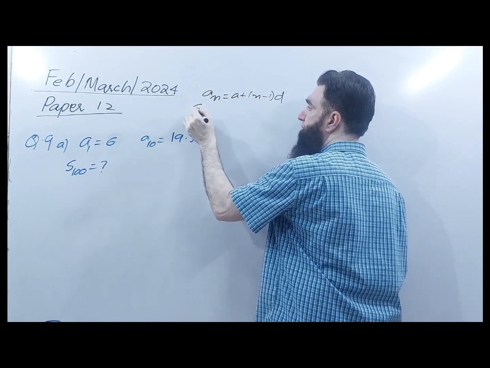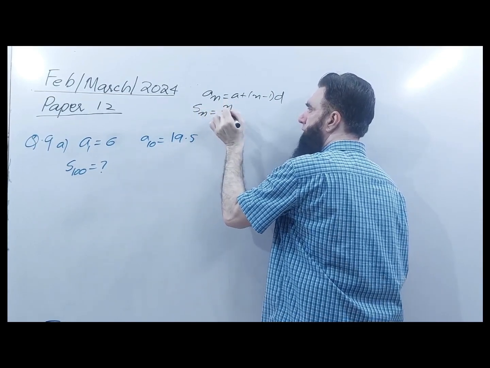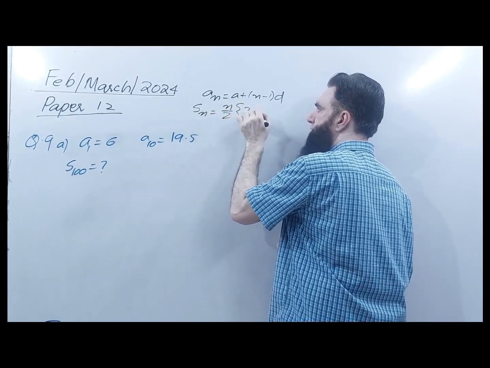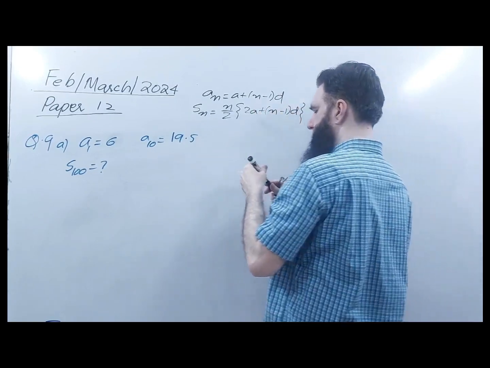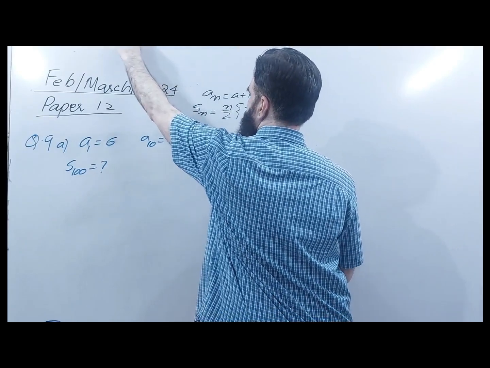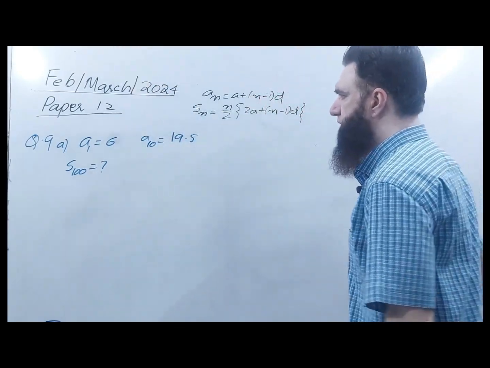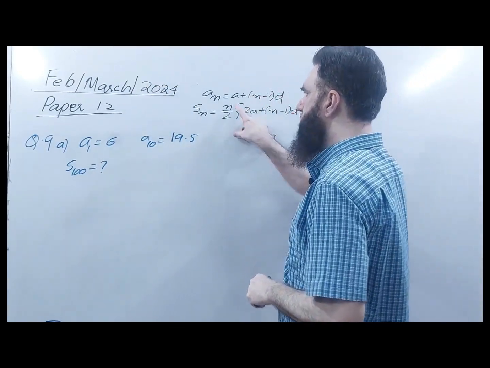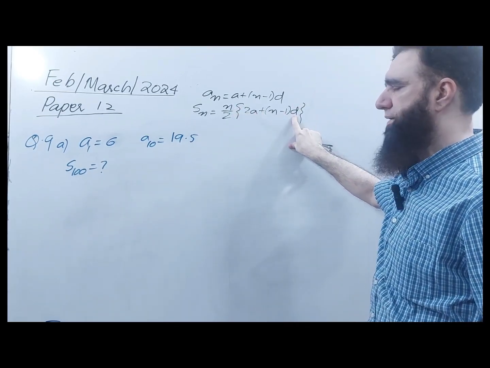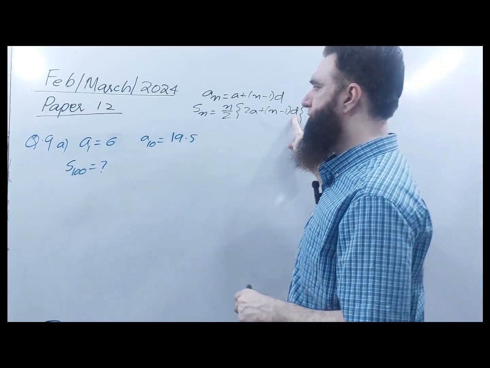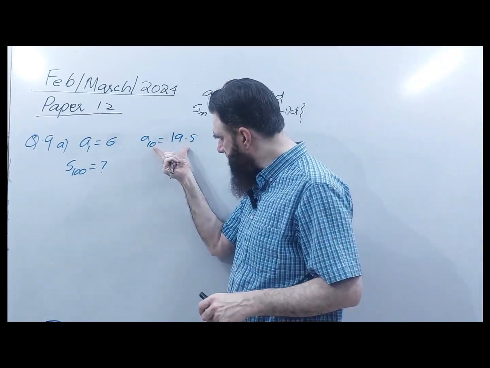This is one formula and the sum formula, you can see it in the formula list, is n by 2 into 2a plus n minus 1 into d, right? Now, for 100 terms, we know n is 100, a is the first term, and the d is missing. So we need to find d first, and we can find d from this particular equation.